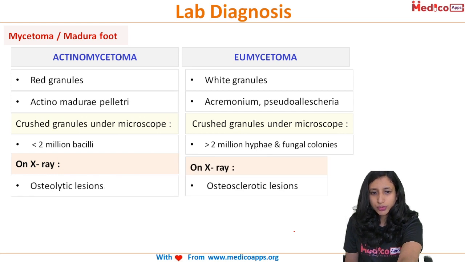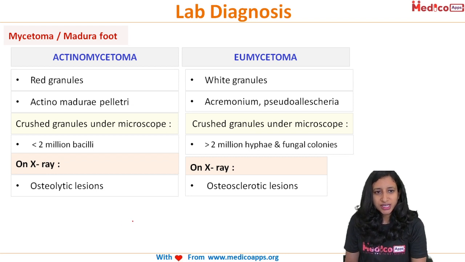Now this is how you will also be able to differentiate them. One such thing in actinomycetoma, which is caused by Actinomadura pelletieri, is where you see red granules. And white granules in eumycetoma are caused by various other fungi like Acremonium. Now these are fungi which can also cause your mycetoma, but the granules here are white in color.